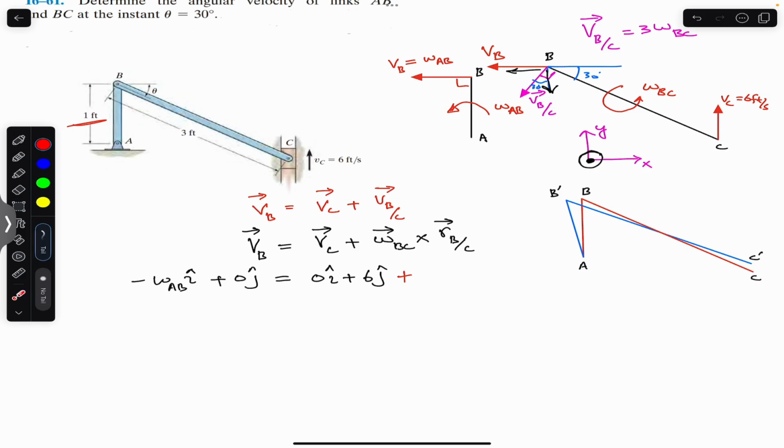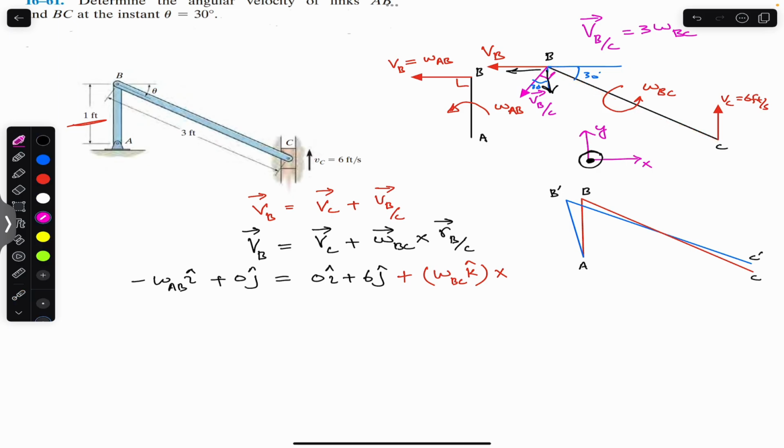So omega BC is in the positive k direction, and we write omega BC in the positive k direction, cross product with the position vector of B relative to C. So we need to draw a position vector from C to B.